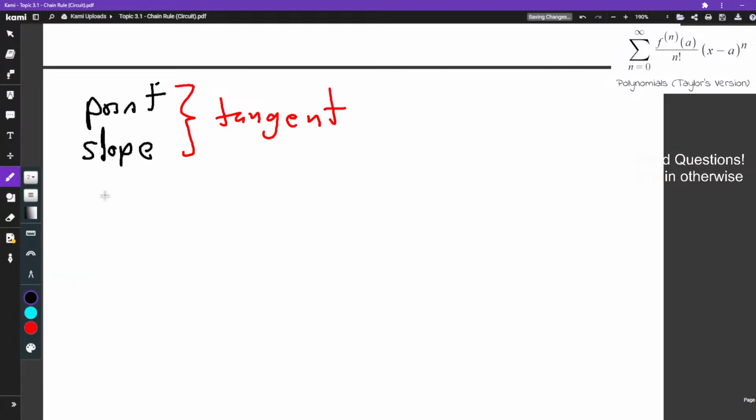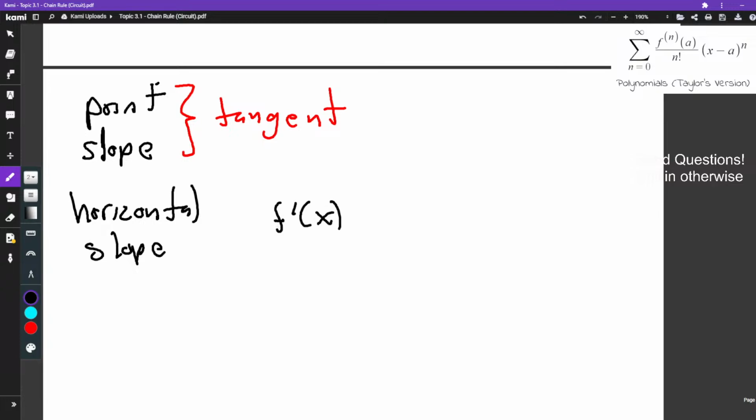If it asks for a horizontal slope, you set f prime of x equal to 0, and then you solve for x. Yeah, I guess that's it.